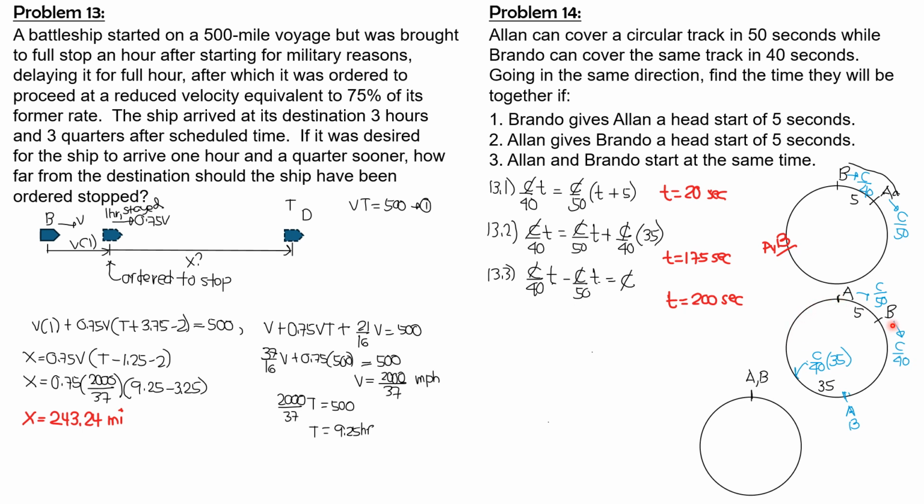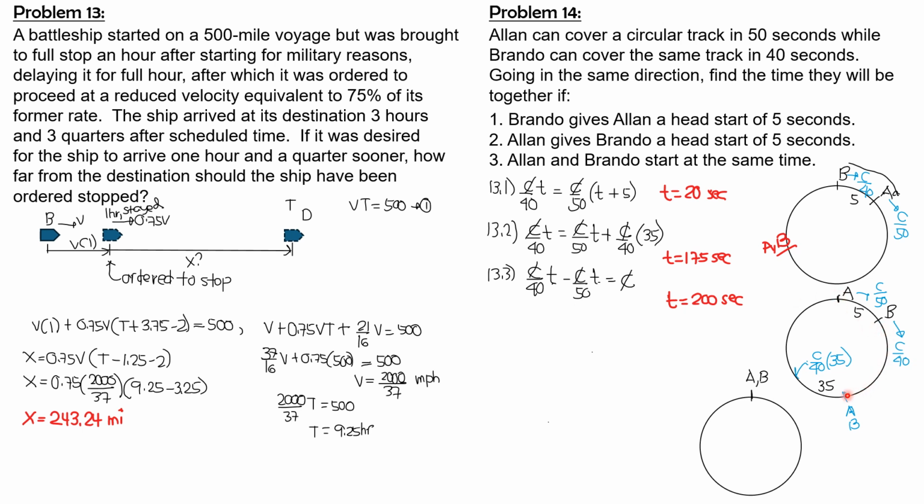So it's like Alan has a head start of 35 seconds of Brando's time. So meaning this distance will be traveled by Brando, or this equivalent distance is equal to speed of Brando times 35 seconds from this position to that position.